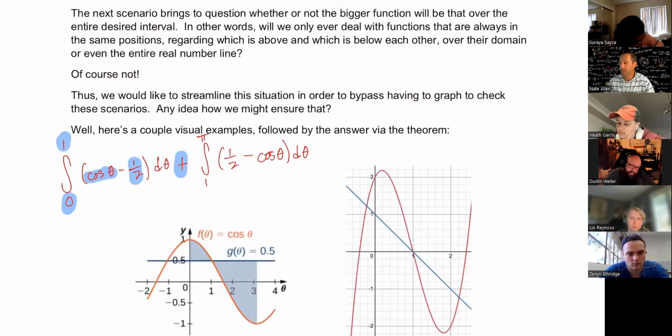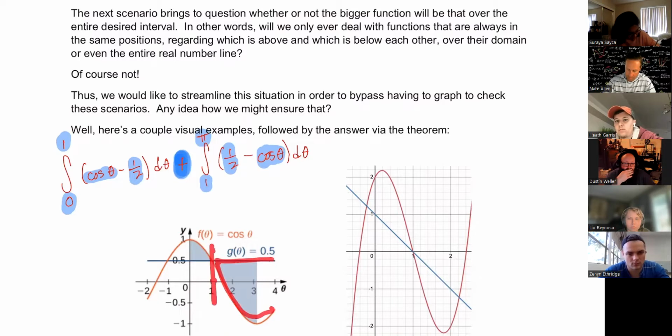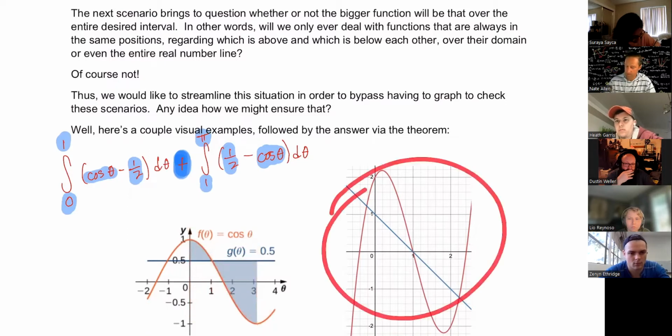Does that make sense? We're going to have to sometimes split these up and add them together because it flip-flops which one is the upper and the lower at some point within our interval. This one, same idea.